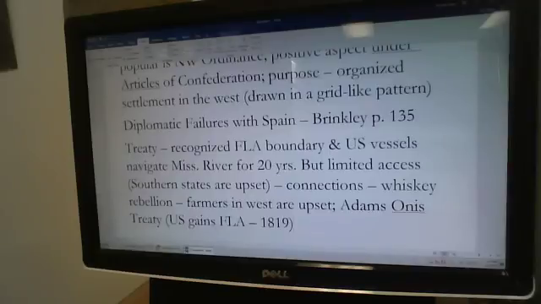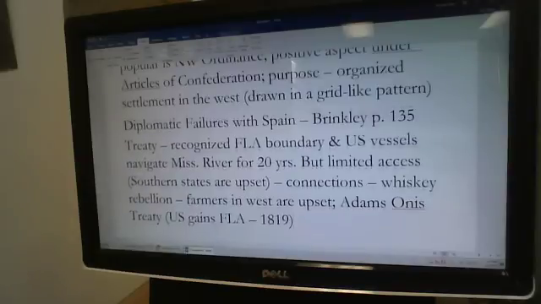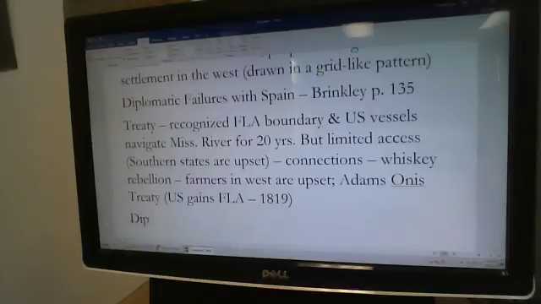The British diplomatic failures. Okay. Diplomatic failures with the British. That's going to be on the same page, and it's pretty big. You're looking at post-Treaty of Paris, and so there's a problem.